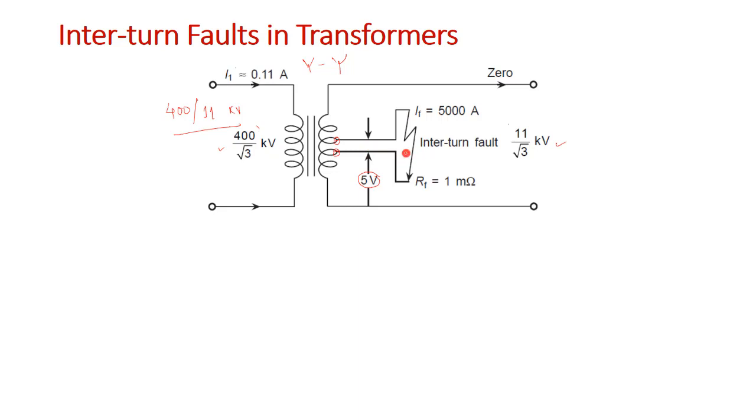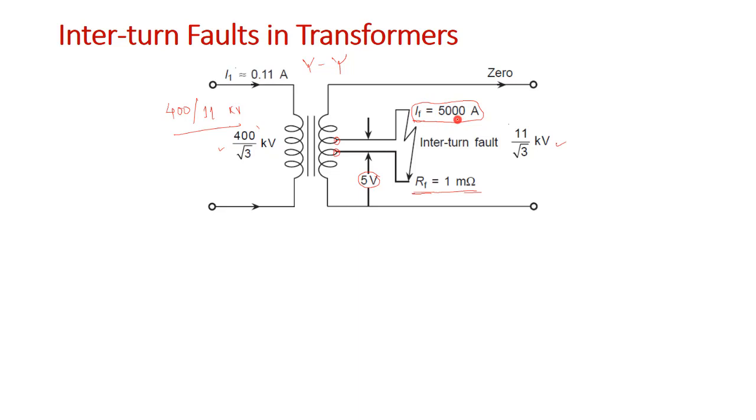And if we see the fault resistance, it will be around 1 milliohm. So the value of the fault current will be very high, around 5000 ampere, which is very high in fact.